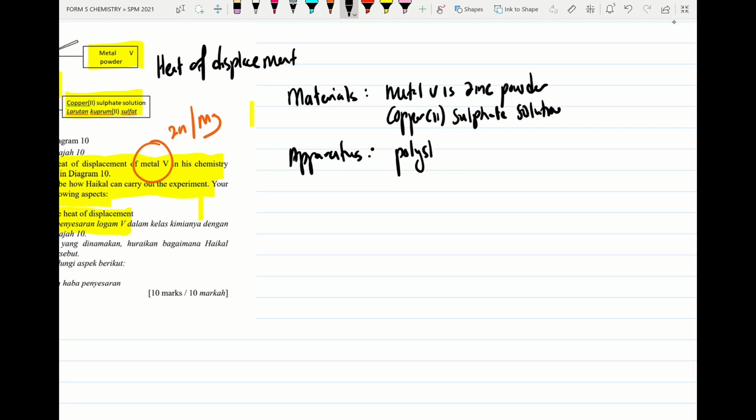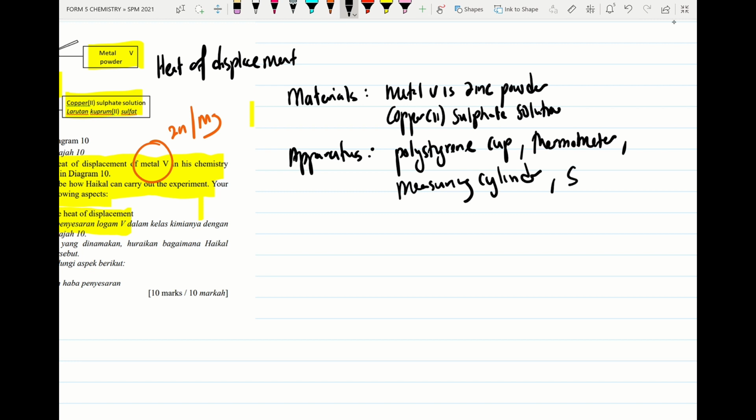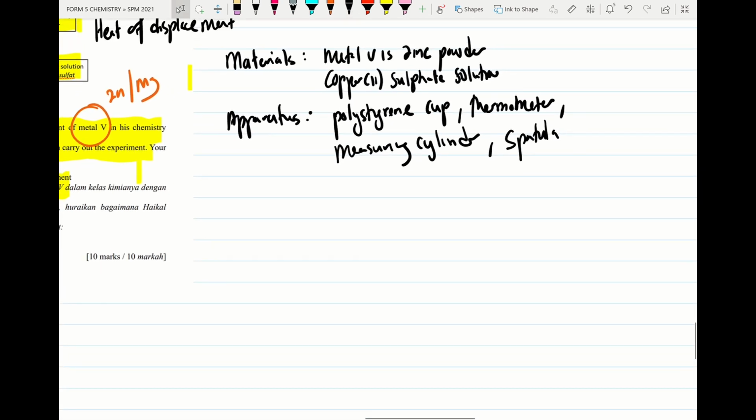So I put here polystyrene cup. Polystyrene cup, please remember we must put a thermometer. Thermometer is very important to measure the solution. We need a measuring cylinder. All right, so to add the zinc powder, we need a spatula. Please remember the spatula. So all these materials and apparatus are given. So we already named the metal V.